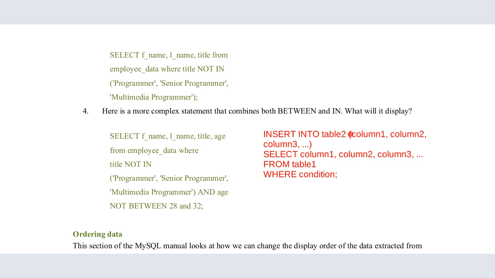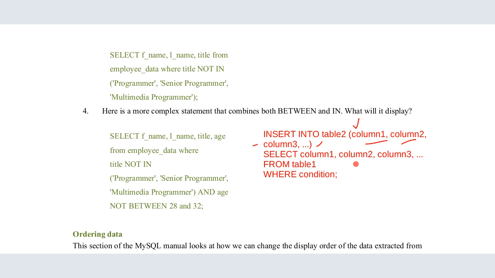So you insert the columns to the relevant table, just the same way we do insert. And you check the brackets or the parentheses. Where are they? How do they behave? But then you select the columns from a different table.